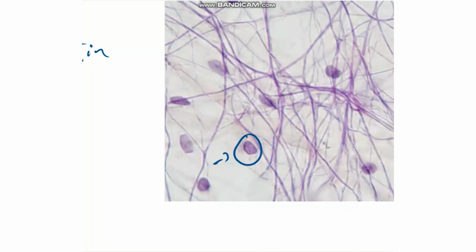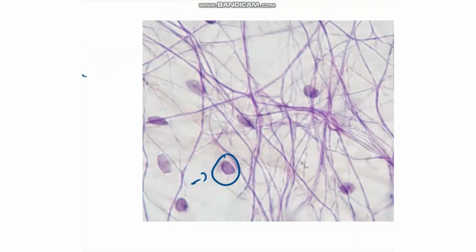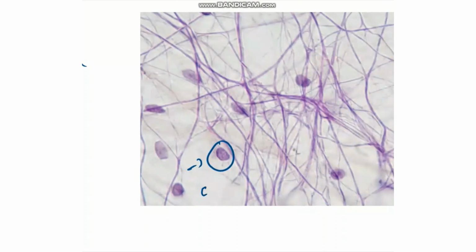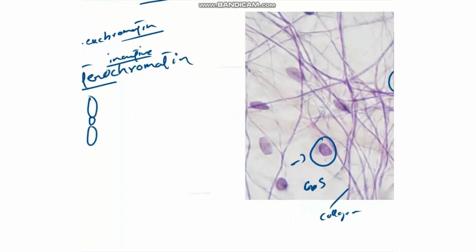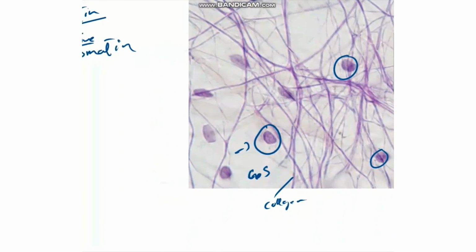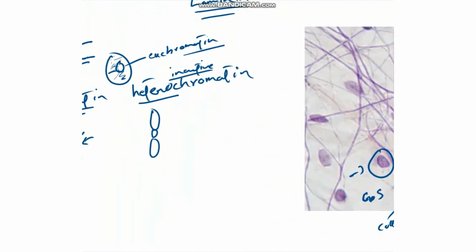And actually, this is quite a good example of a connective tissue. Here we can see the ECM. This would be your ground substance, and these would be your collagen, and then these would be your fibroblasts, among other cell types that might be present. But right now it just shows fibroblast, collagen, and the ground substance.